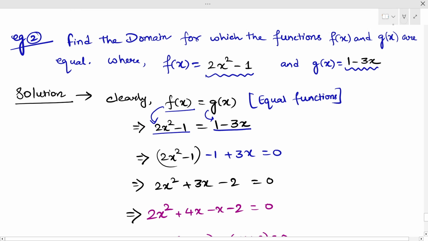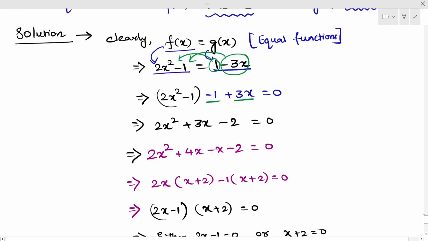See this. 2x square minus 1 equals 1 minus 3x. If we bring this minus 3x to the LHS, this will become plus 3x, and if we bring this plus 1 to the LHS, this will be minus 1, right? Next, this becomes 2x square plus 3x equals 1 plus 1, which is 2, so 2x square plus 3x minus 2 equals 0. Then we need to factorize this.